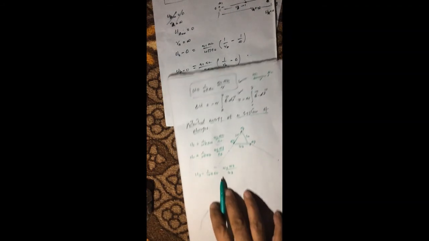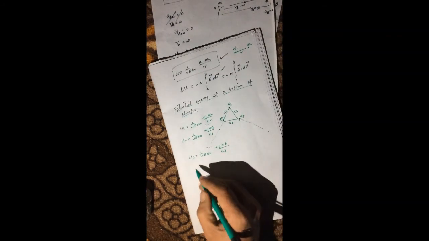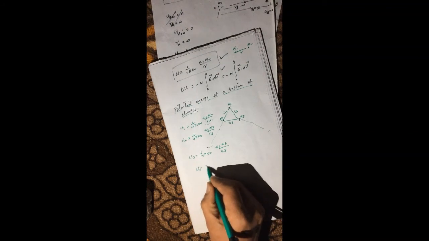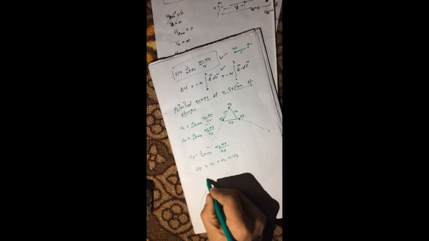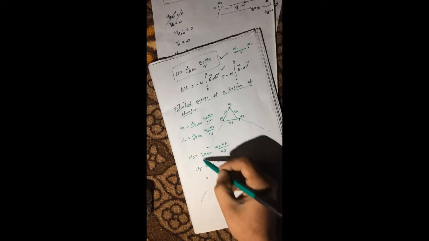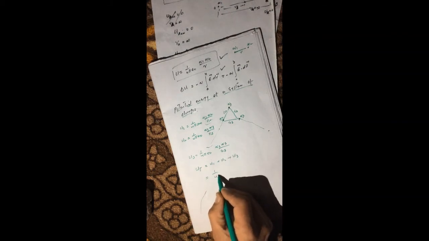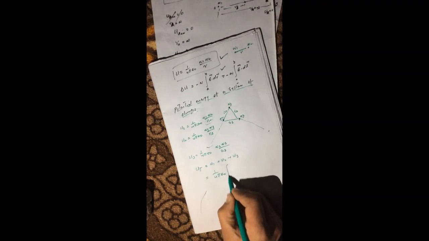Now potential energy is a scalar quantity, so we can add it simply. So the total u total will be equal to u1 plus u2 plus u3. If I put the values in all this, 1 over 4 pi epsilon is common, so I'll keep it outside.